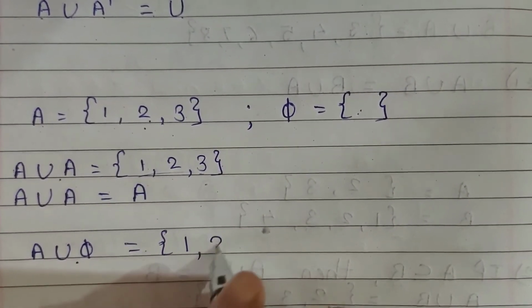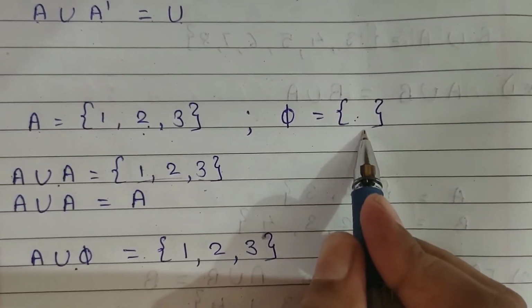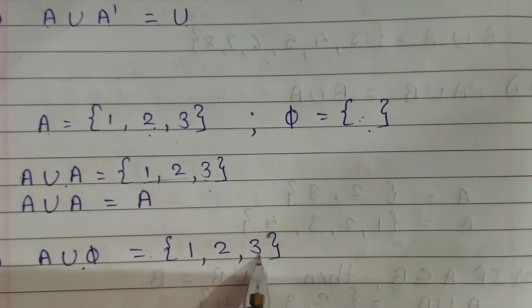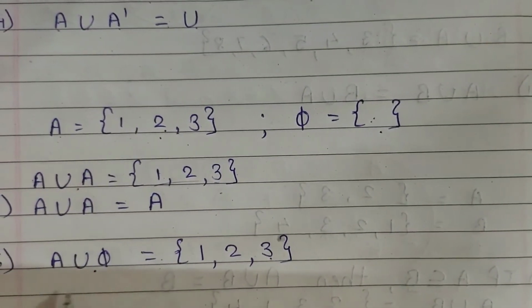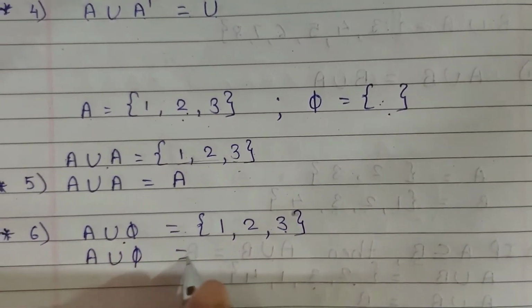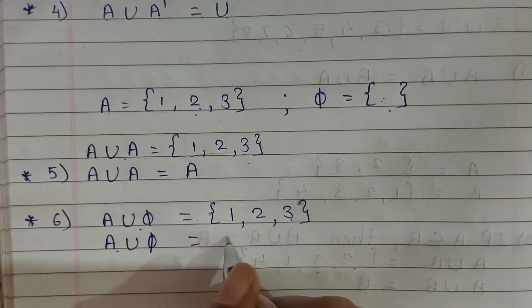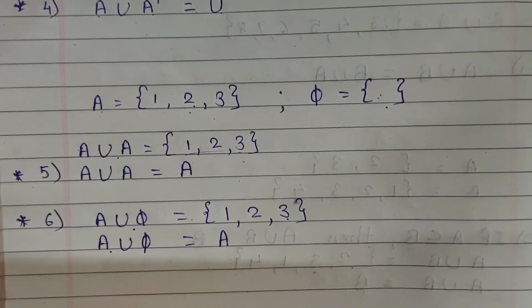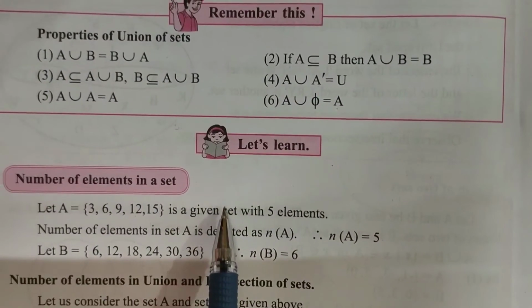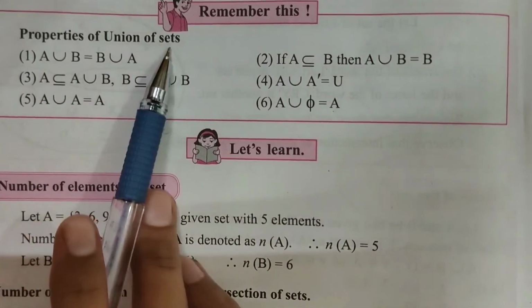Only the elements of set A. As we don't have any element in the empty set, we will write the elements of set A only. Therefore, the answer of A union empty set is equal to set A. I hope you understood all these properties of union of sets.